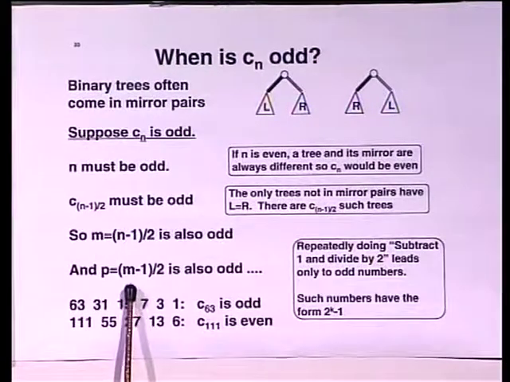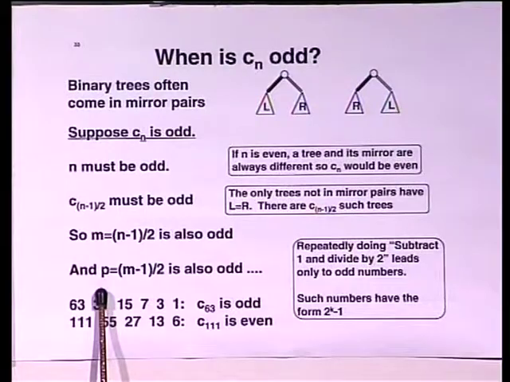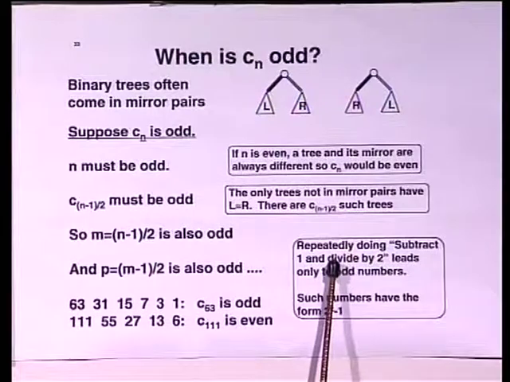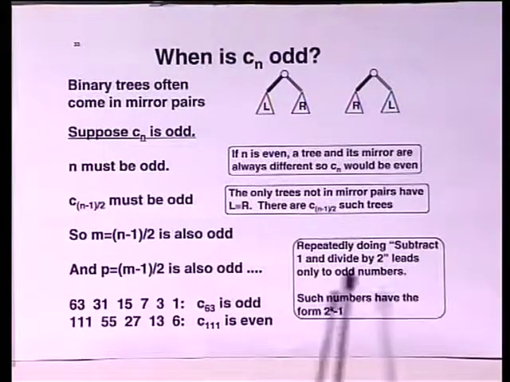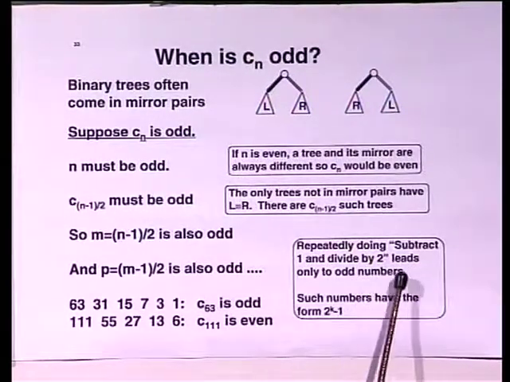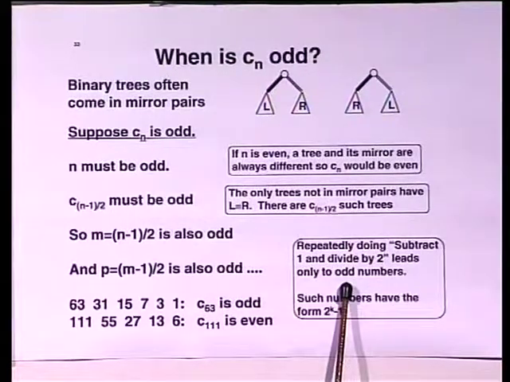And then we can deduce that m minus 1 over 2 is odd. And we can carry on in this way until we've reduced the subscript down to 1. And so what we find is the following rule for determining whether the Catalan number is odd. It must be that if we repeatedly subtract 1 and divide by 2, we shall only get odd numbers.